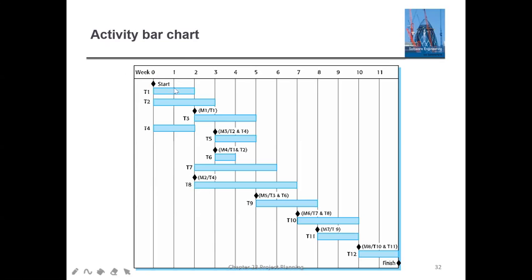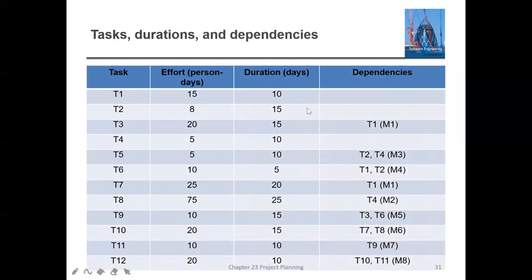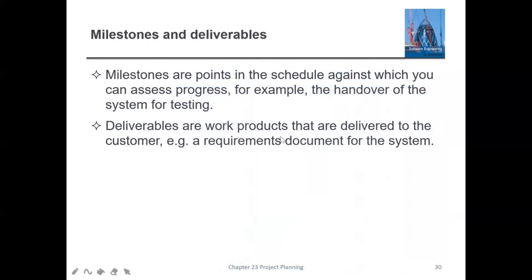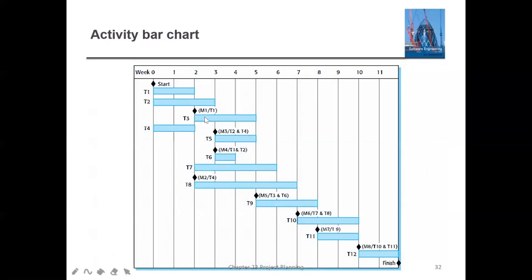Once a task has started, look at the next task. T1 is not dependent, T2 is also not dependent, and T3 is dependent on your T1. So once T1 is done, only then can T3 start, because T3 depends on T1. You have to write it that way.